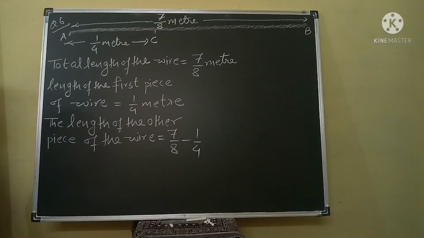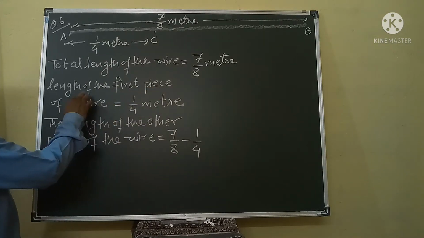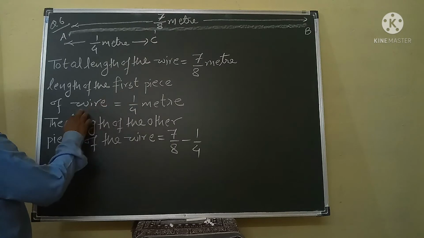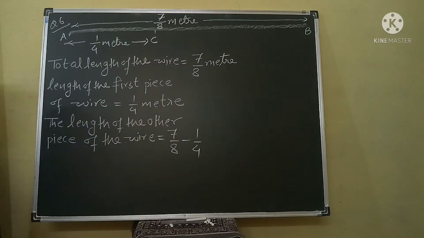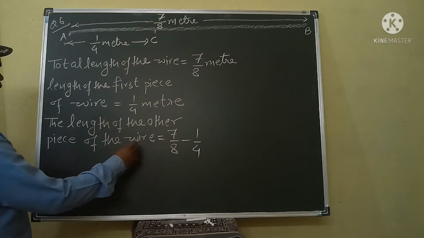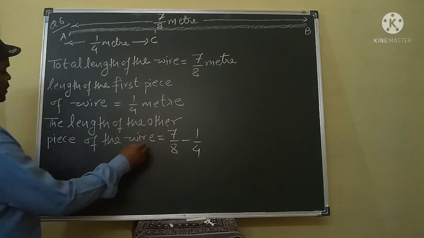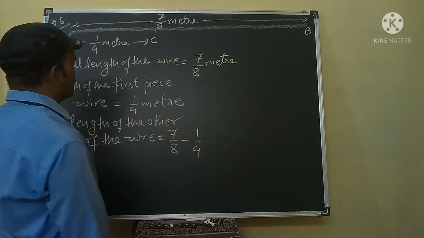Then what we will do, according to the question, the length of the first piece of wire is 1 upon 4 meter. In this question we will find out the length of the other piece of the wire. Length of the other piece of the wire is equal to, what will you get?